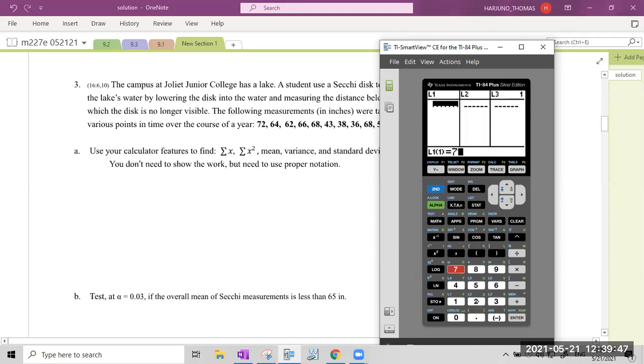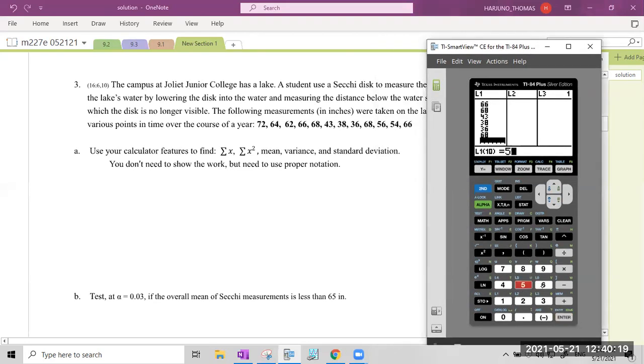So 72, enter, 64, enter, 62, enter, 66, enter, 68, enter, 43, enter, 38, enter, 36, enter, 60, enter, 68, enter, and then 56, enter, 54, enter, and then 66, done.